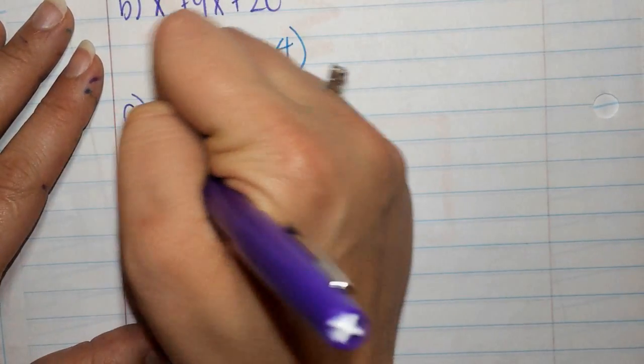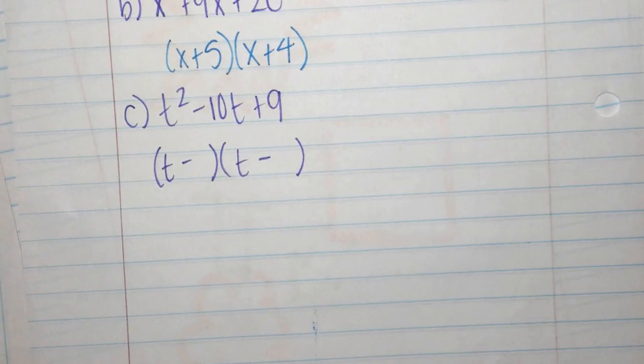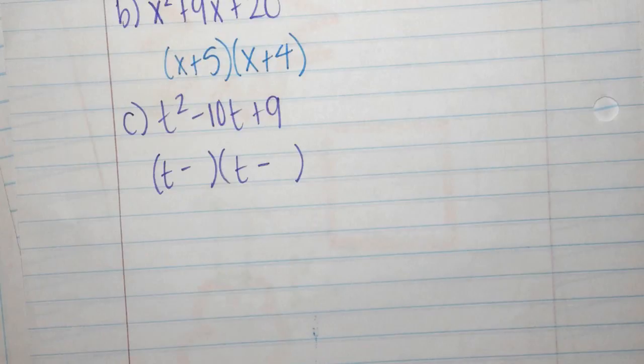Is it still the same as everything else? Yeah. So negative 10 or just 10? Negative 10. So the factors have to be negative. Both of them have to be negative because a negative times a negative is a positive, and we have to get a positive 9. So this time we're getting a positive 9 and negative 10.